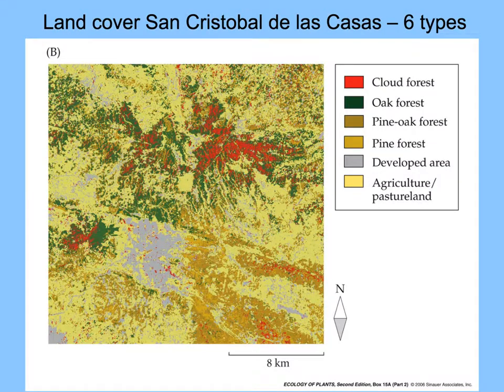So that map can be color-coded using different colors to indicate different communities. You can see that the red color in this map is on the highest peaks of the mountain where there's cloud forest, and the light yellow at the bottom is where forest has been cleared for agriculture and pasture land. The gray is where there are buildings and no vegetation.